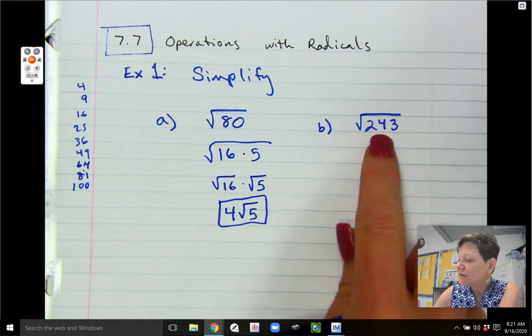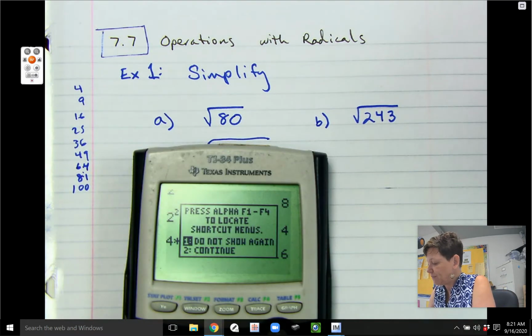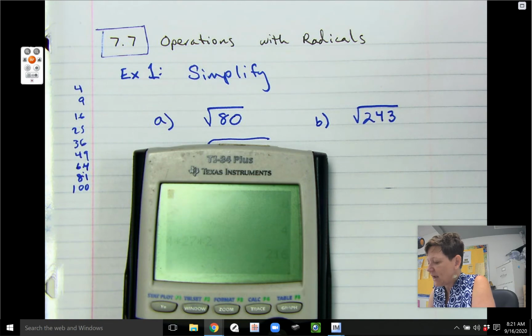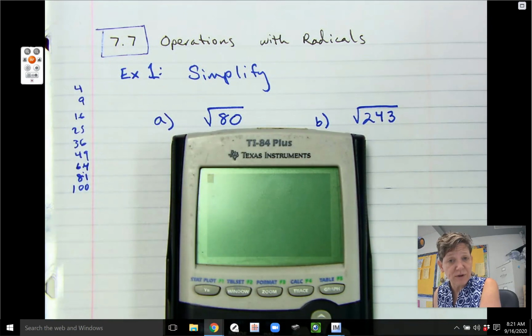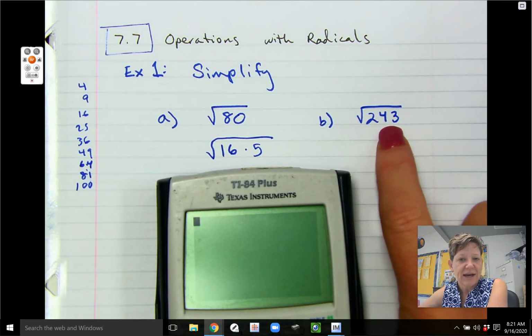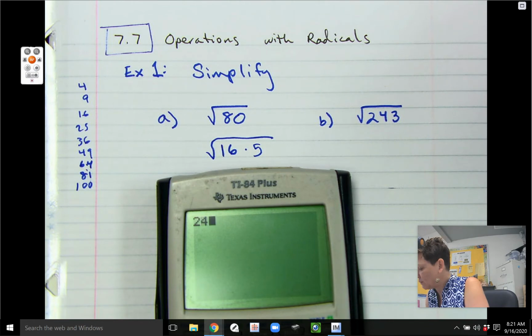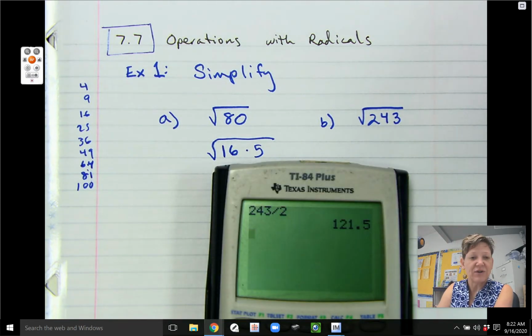So 243. What you can do if you don't know the perfect square that goes into it is you can just try a bunch of them. I like to try the list going up instead of going down because then I'll find the biggest one first. And I like to start halfway. So if I divide 243 by 2, I will start at around 121.